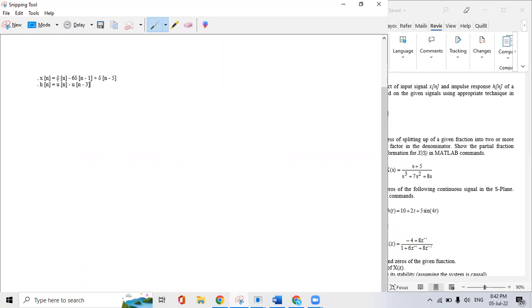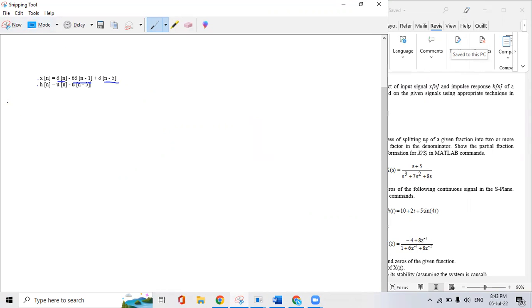We can see that we have many weird things right here, like n-1 and n-5. Normally we just have straightforward equations, but we need to perform some steps to get the correct input for our MATLAB. So let us take a look.